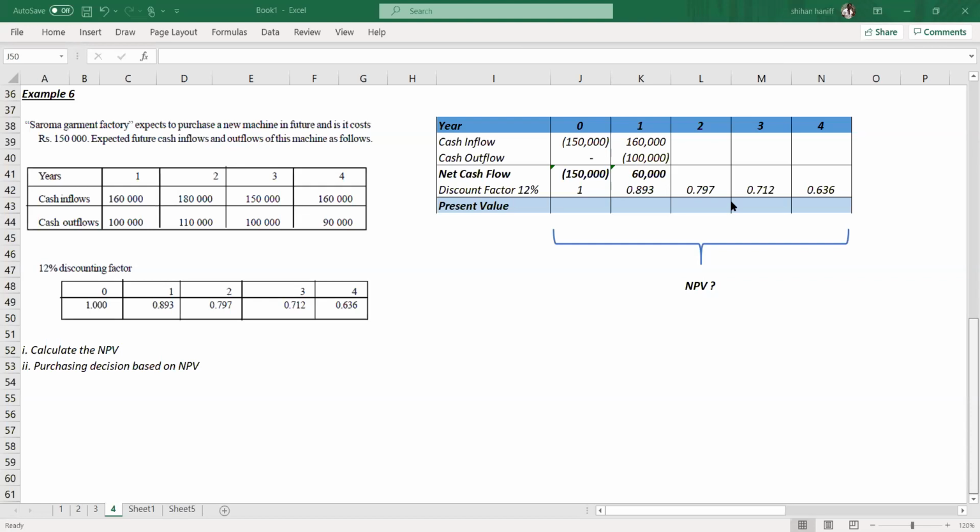Okay, I got one answer 89,490, 52,210. How about others? Year 2 inflow is 180,000. Outflow is 110,000. 150, 160.